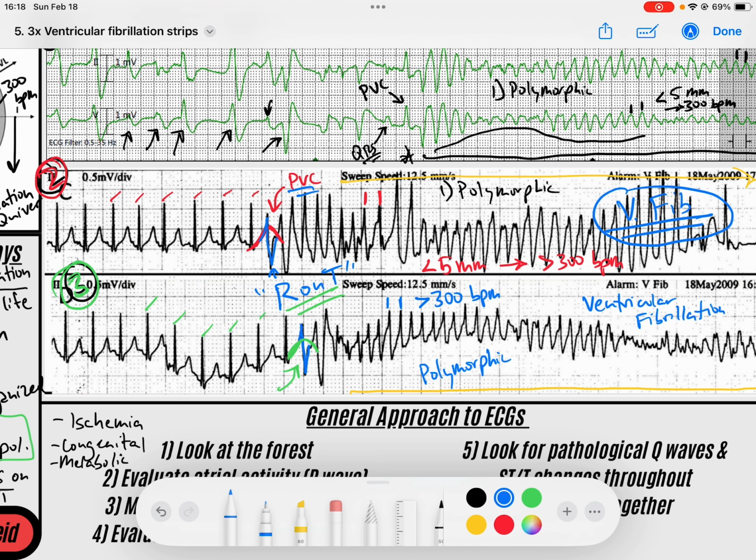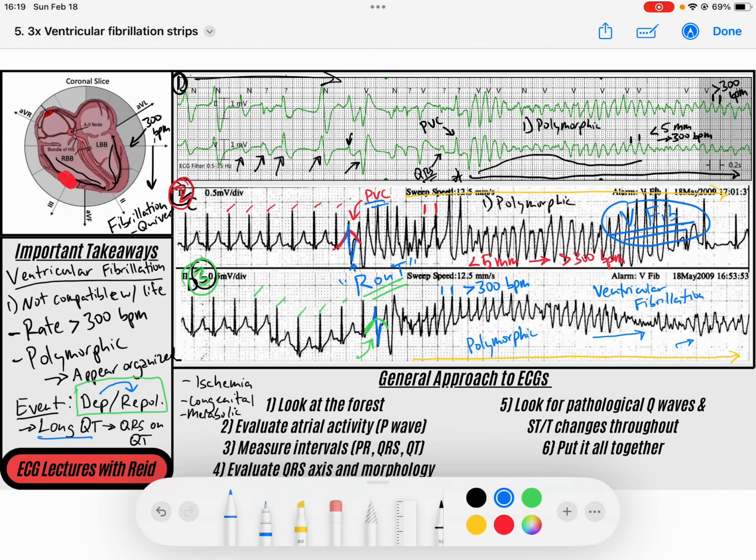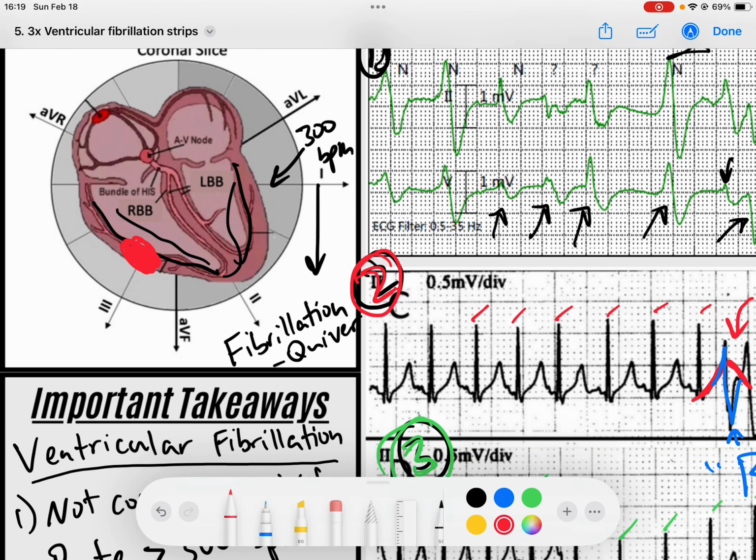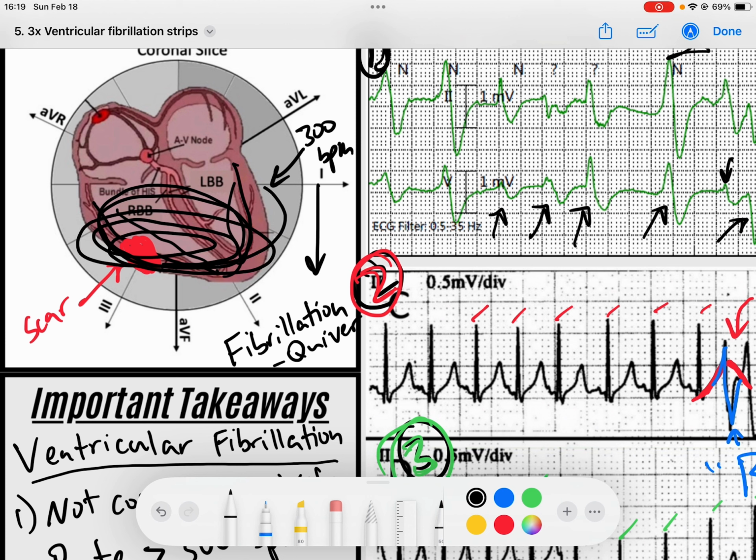And you can see it can deteriorate into a less organized rhythm, and it can sometimes organize. When you see that it organizes, a lot of times it has to do with a reentry circuit, right? So say this red right here is some type of scarring. Sometimes you can have a reentry circuit that can rotate along its own axis. It can start like this, and then rotate, and then rotate back.